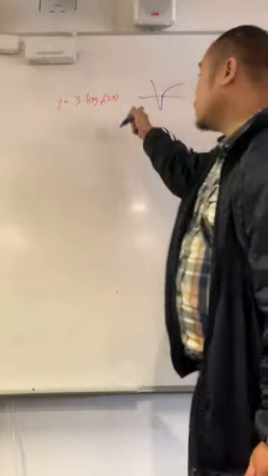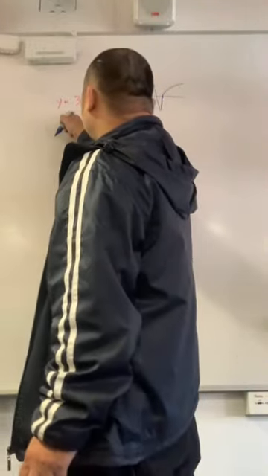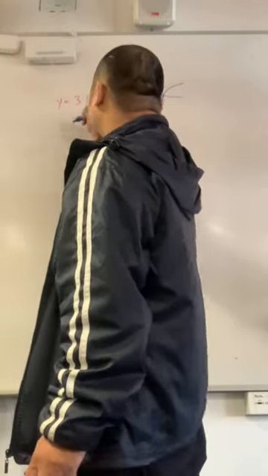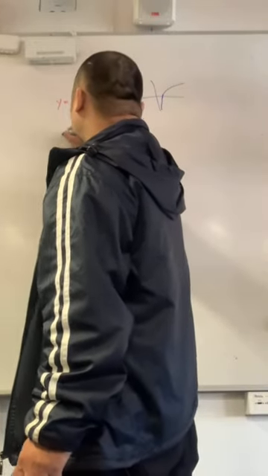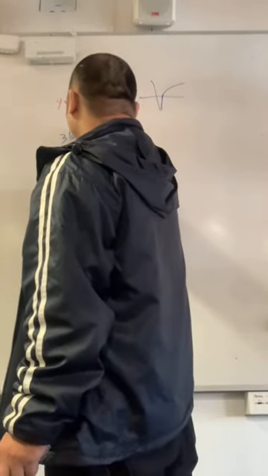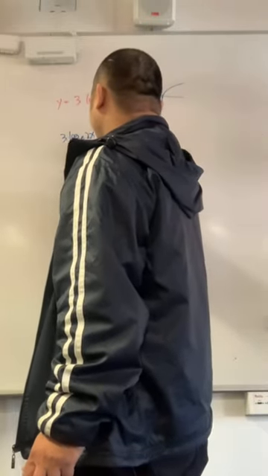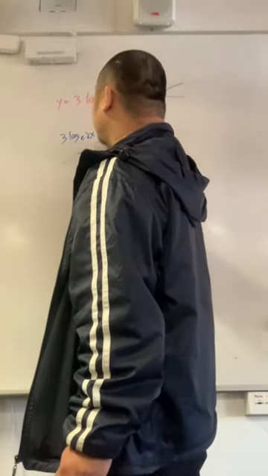Okay, so we just find out the intercepts for this one. We don't have a y-intercept here because it doesn't translate. And then the x-intercept would be y equal to 0. Therefore, 3 log e of 2x equals 0. If you want to do more, you divide by 3 on both sides.